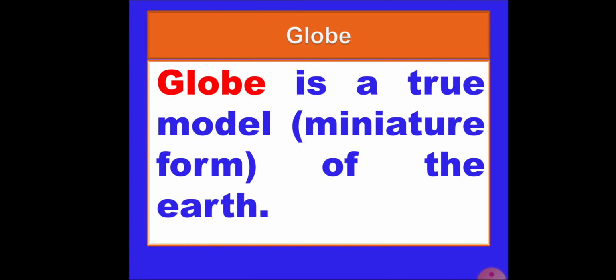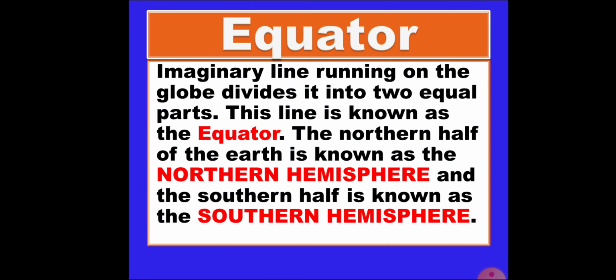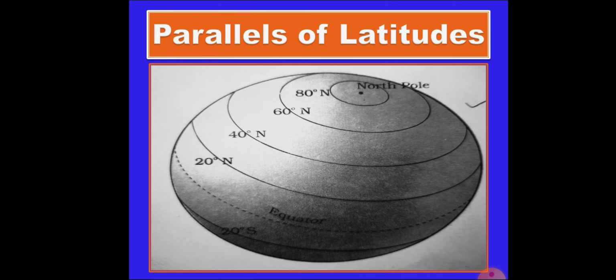Coming to our next slide, when you see our Earth, you see one imaginary line in the center of the Earth. That line is called the equator.